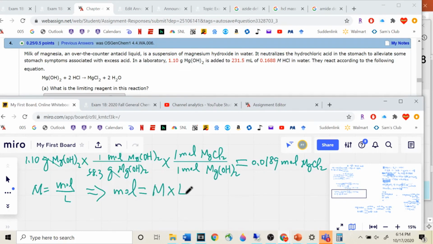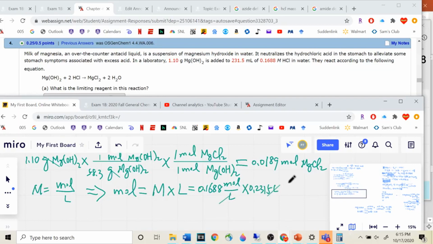So the moles of HCl should be the molarity, 0.1688 moles per liter. Make sure you use this as the unit for molarity, not just M. Multiply by the volume in liters. We can convert this milliliter value into 0.2315 liters.